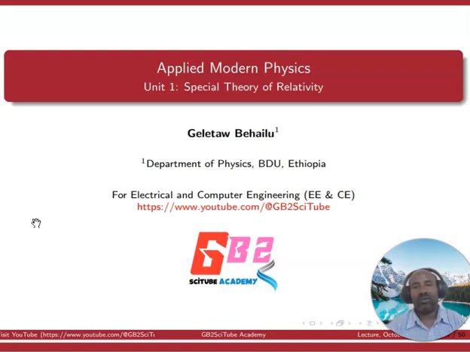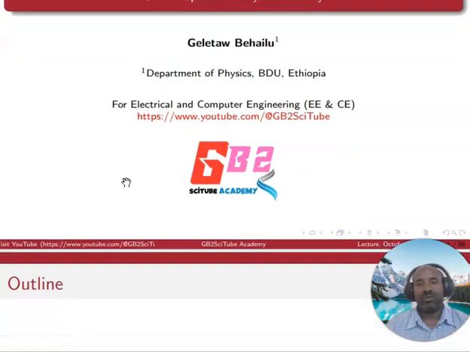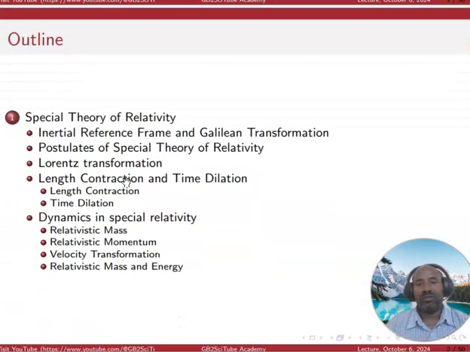So the modern physics, applied modern physics course, special theory of relativity as unit 1. I just want to give a lecture on this topic. So the outline is here.